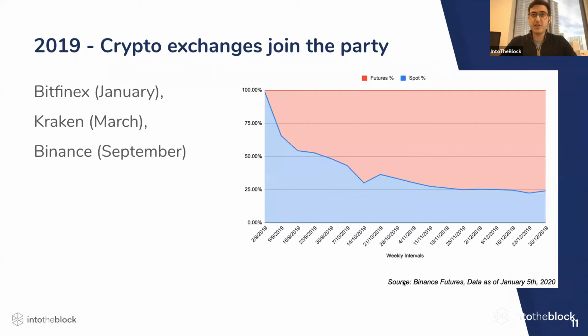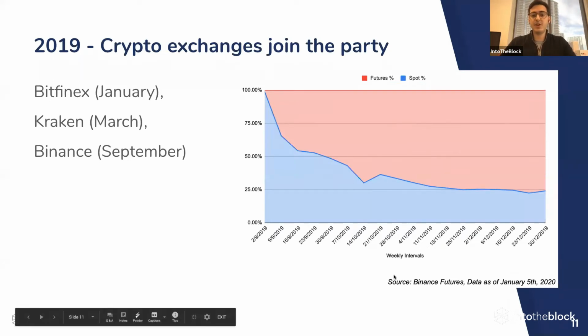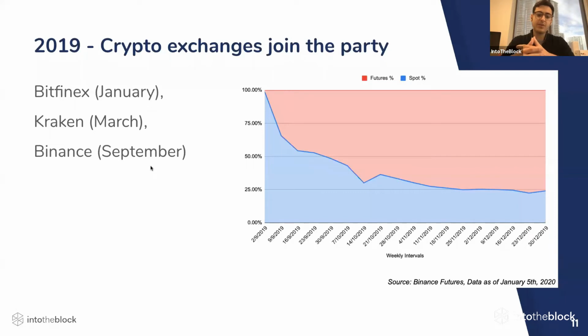2019 was the year where crypto exchanges decided to join the party. They see this large amount of growth, and the incumbents essentially decide to join: Bitfinex in January, Kraken in March, Binance in September. And the interesting thing is we're seeing the same patterns that arise with traditional markets. Derivatives have overtaken spot volumes in all of these exchanges.